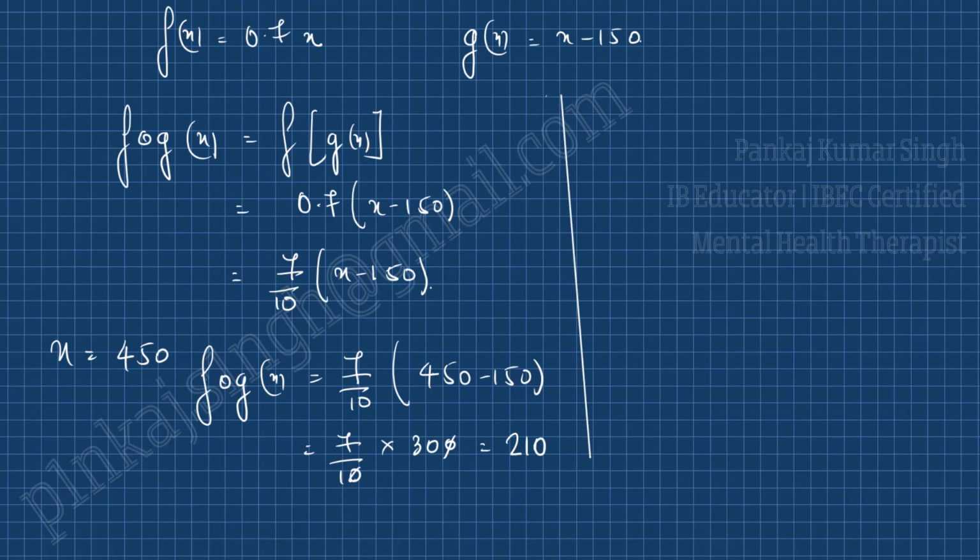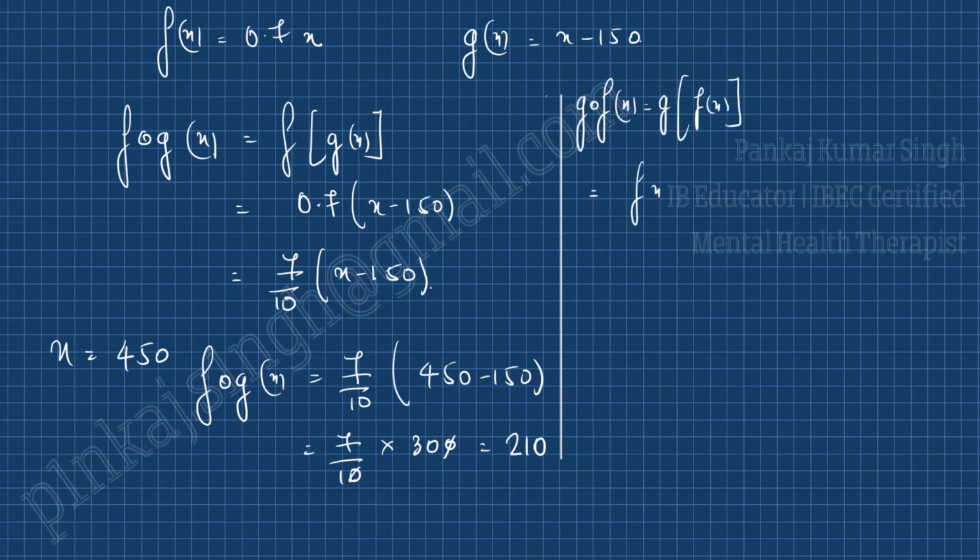Let's calculate g of f of x. Wherever there is an x in g, I'm going to substitute f of x, so g of f of x is 0.7x minus 150. This means I'm giving a 30% discount first, and then whatever the amount is, I'm giving a further 150 discount.